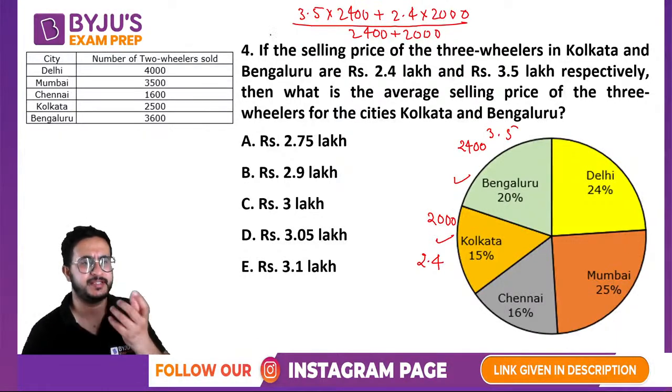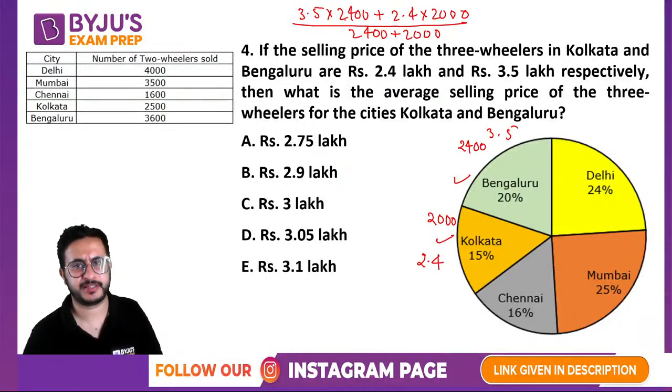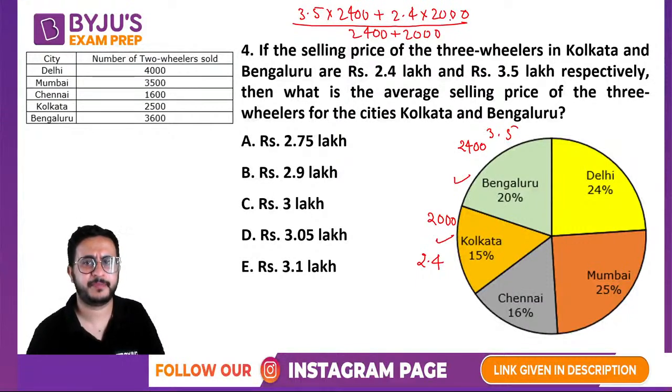But remember this thing. A good advice here is do not multiply by these numbers. These are large numbers. What we will do is, we can take 400 common from both things. If we take 400 common, this will be 3.5 into 6, 2.4 into 5, and this will be 6 plus 5.